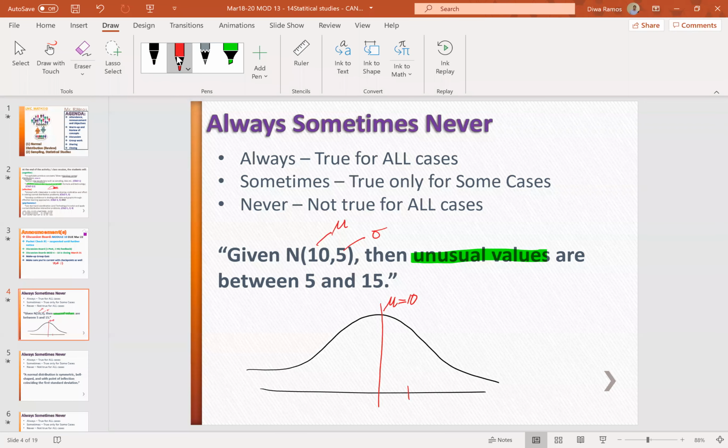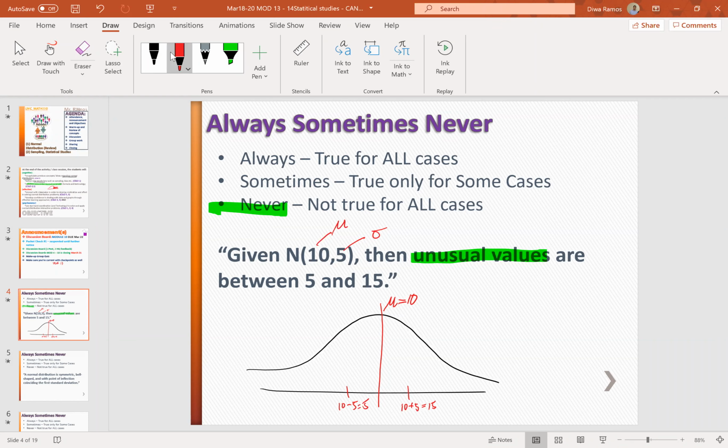So this is the first standard deviation above the mean. 10 plus 5 will give you 15, and 10 minus 5 equals 5. Is it a never? Let's see. Unusual would be more than one standard deviation or more than two, correct?